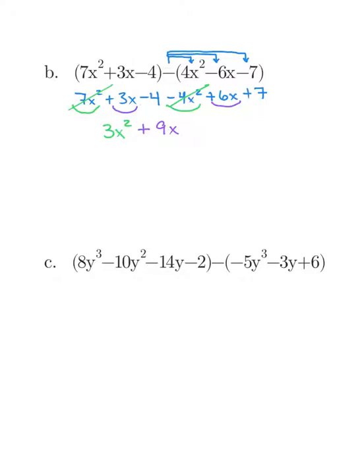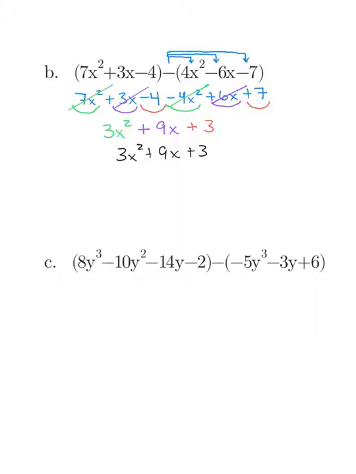For my last one, we can combine negative 4 and positive 7, which give us plus 3. So our final answer is 3x squared plus 9x plus 3. That's as far as we can take it, and so we're done with this problem.